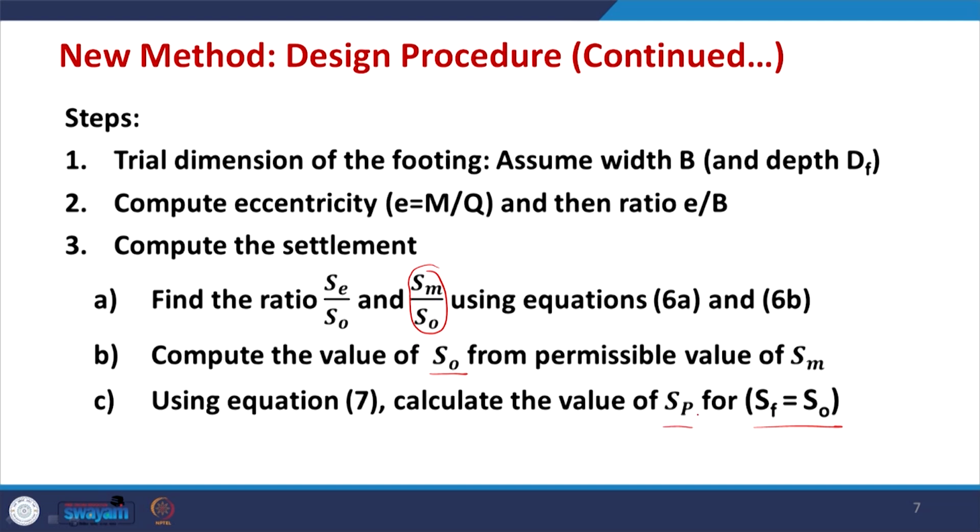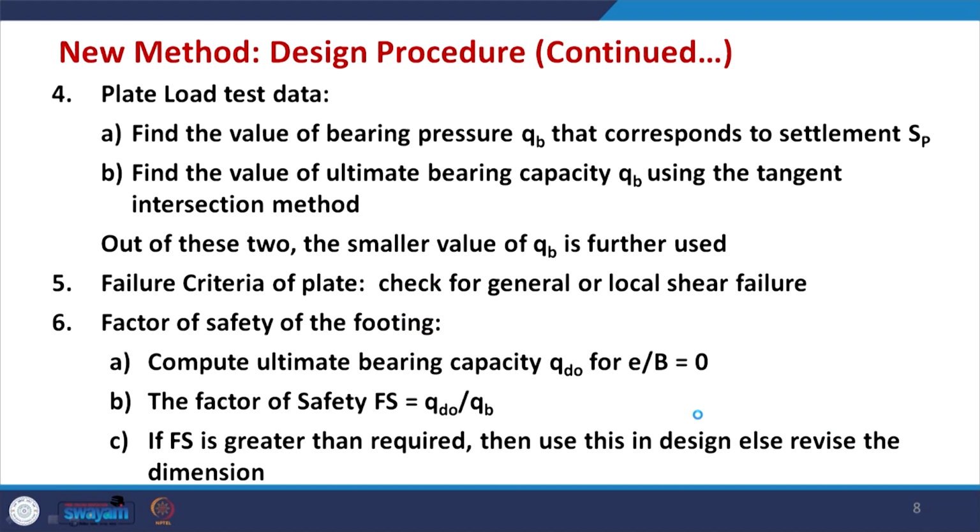Continue with this. The next step is that what you require for design is the plate load test data. Now, what do you need to do with the plate load test data? Normally you get a load settlement curve from the plate load test. Using this curve, find the value of bearing pressure that corresponds to the settlement S p found in step 3.